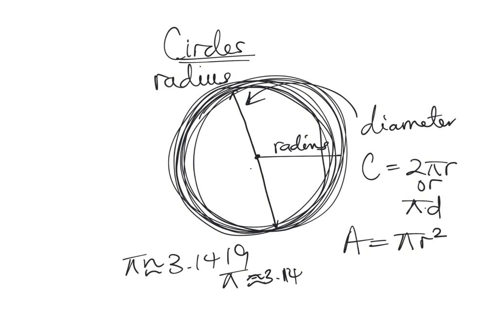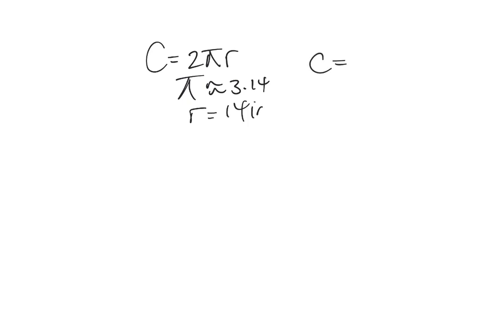So that is the introduction to circles. And then they ask you to find the circumference of a circle. Next to example 9, let's try a few problems. So 2 pi r is the formula, and pi is approximately 3.14. They gave you the radius as 14 inches. So you plug it in: 2 times 3.14 times 14.